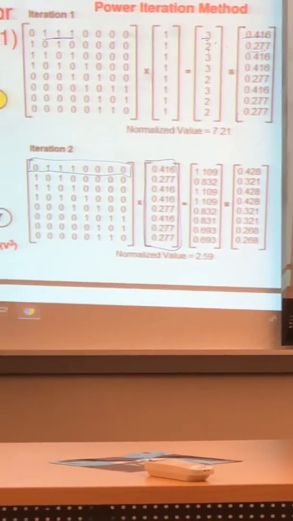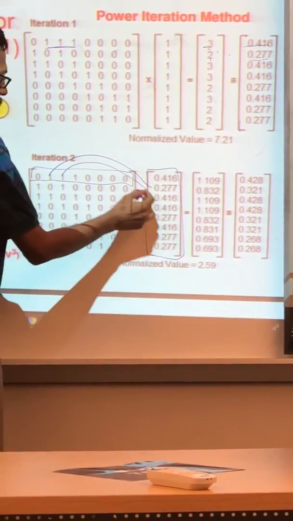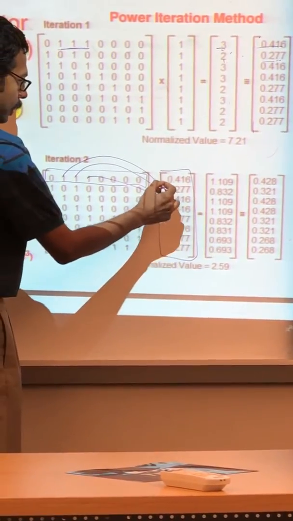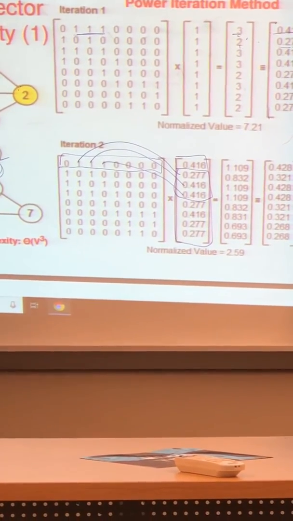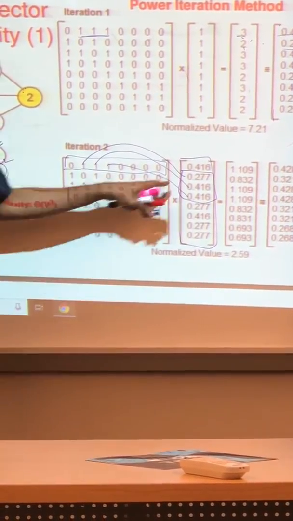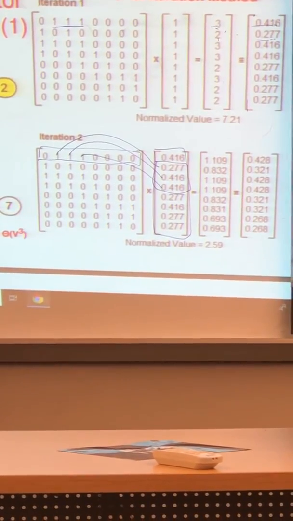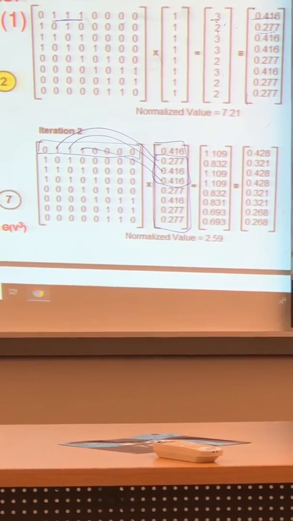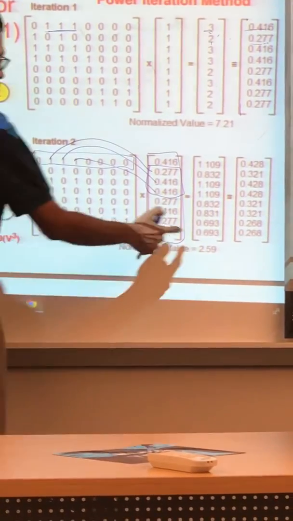Is that clear? So when you do 1 times this, plus 1 times this, it is only these three that will be non-zero. The others still will go to 0, right? So the sum of these numbers is 1.109. Just matrix multiplication. So do that and get this product column vector.